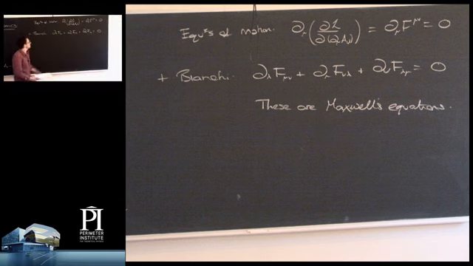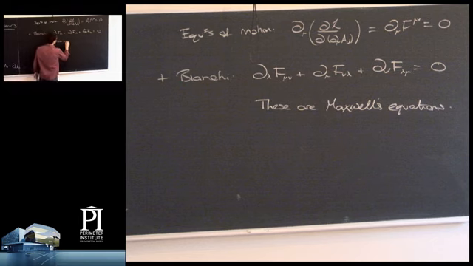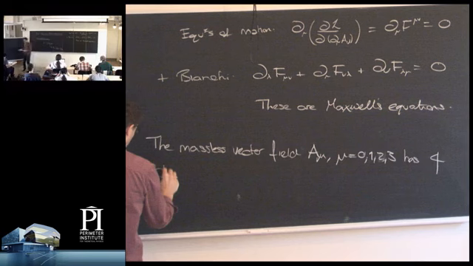OK? So that identically holds. And this set of equations is called Maxwell's equations. This was set as an exercise in the very first week, to derive Maxwell's equations from this Lagrangian. But is everybody happy with this notation, these ideas?